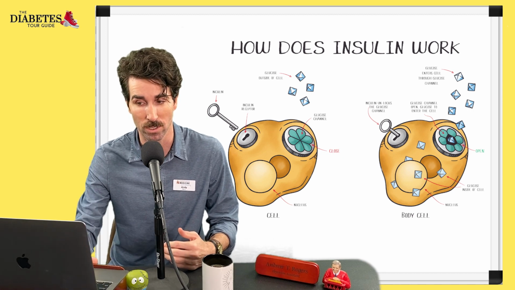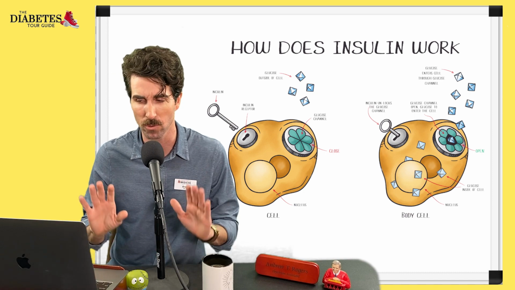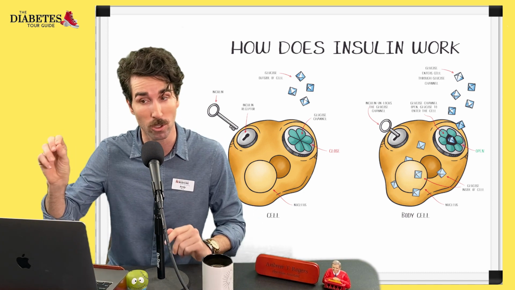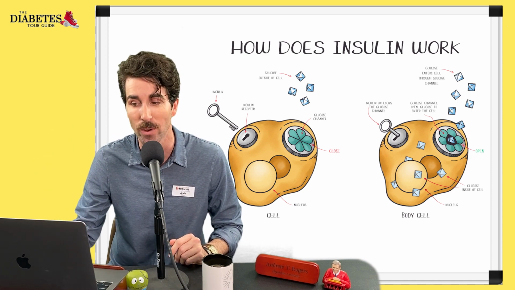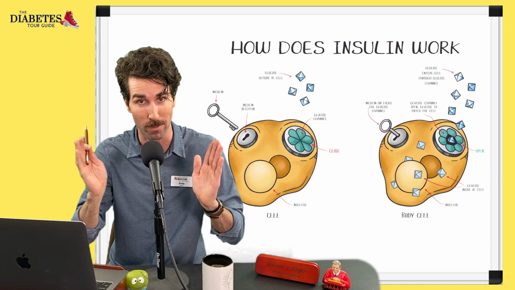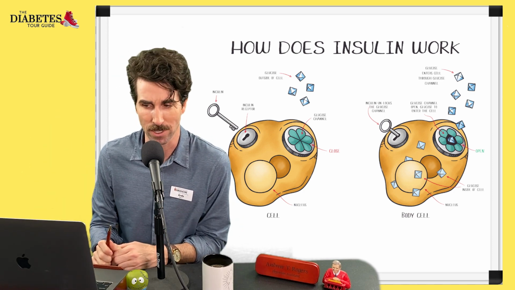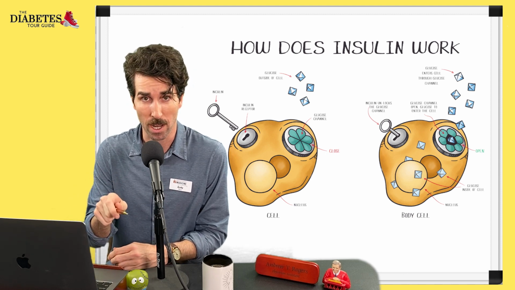Insulin really responds to food, sometimes even the thought of food, because when food enters the gut and carbohydrates are turned into glucose, insulin is stimulated into action to get glucose out of the blood and into the cell.